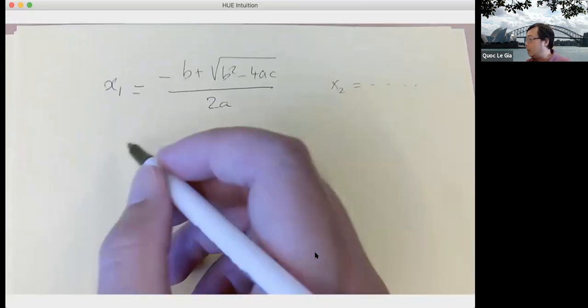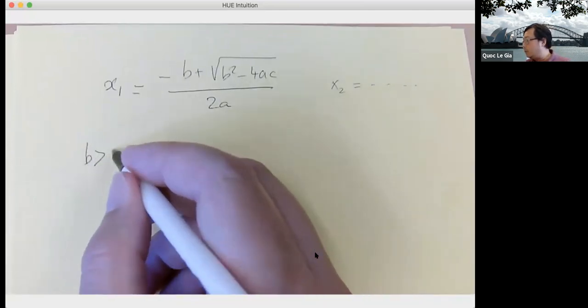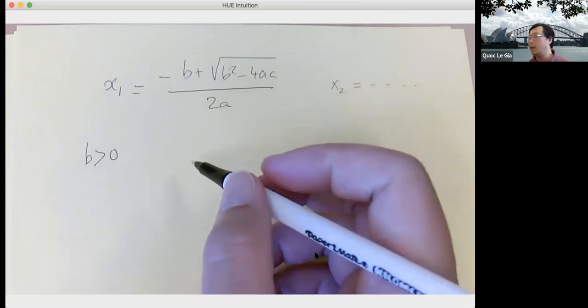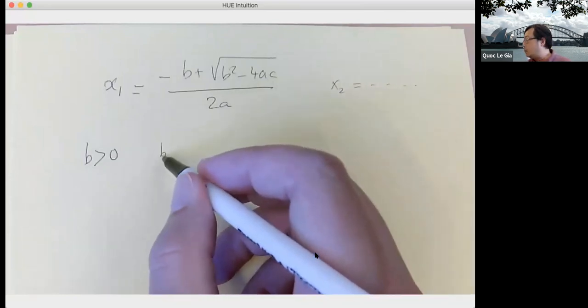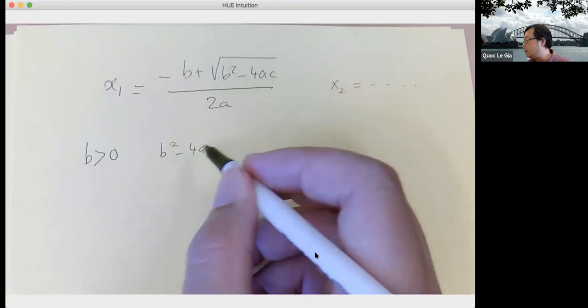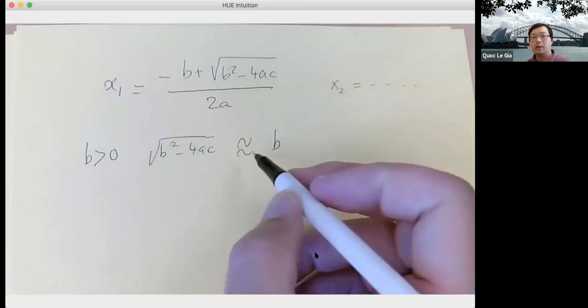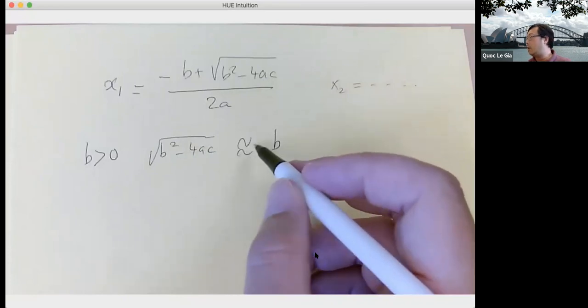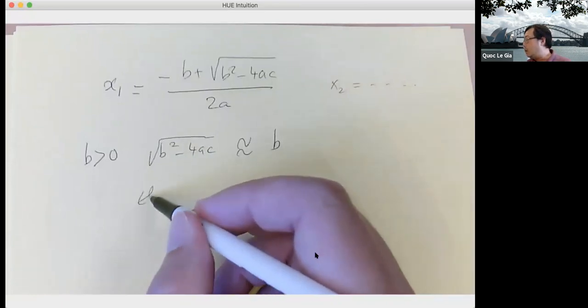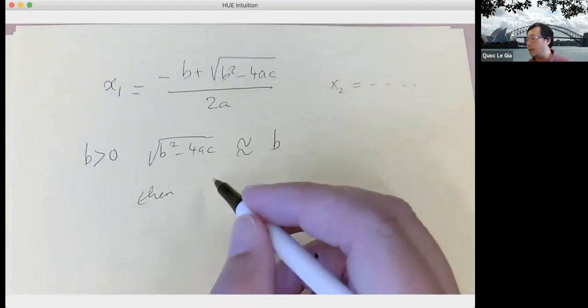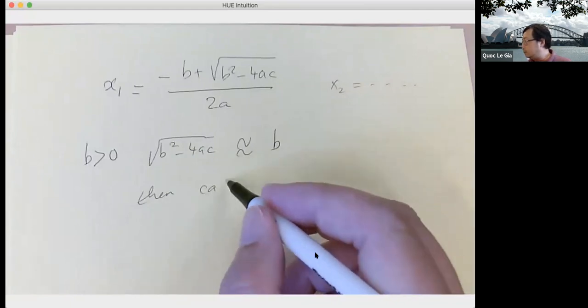And now you can see that when b is positive, and b squared minus 4ac is very close to b squared, I mean, the square root is very close to b, then catastrophic cancellation can occur.